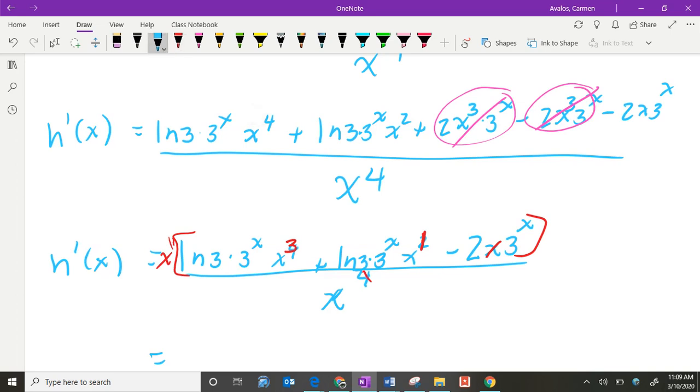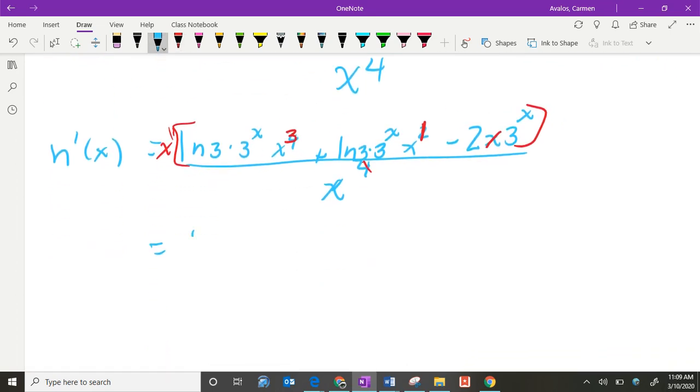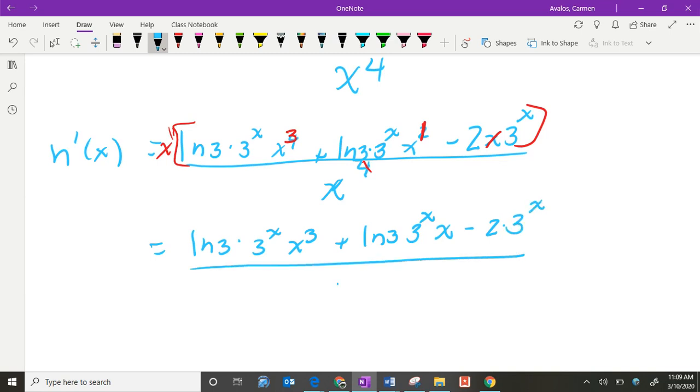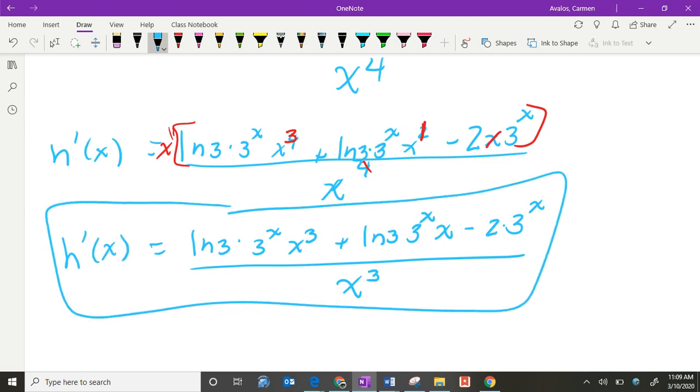And so now your actual answer is going to be ln of 3, 3 to the x to the third, plus ln of 3 to the x, minus 2 times 3 to the x, all over x to the third. That is a lot of algebra, and that is your answer.